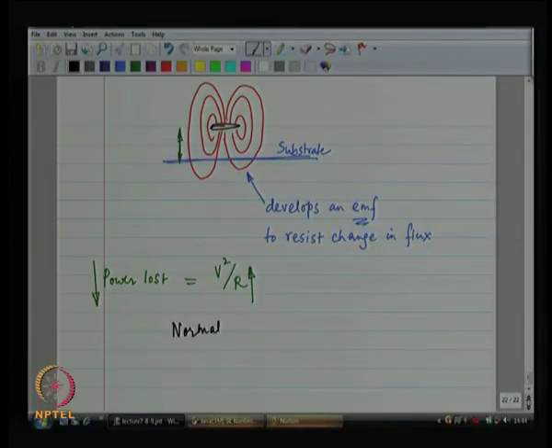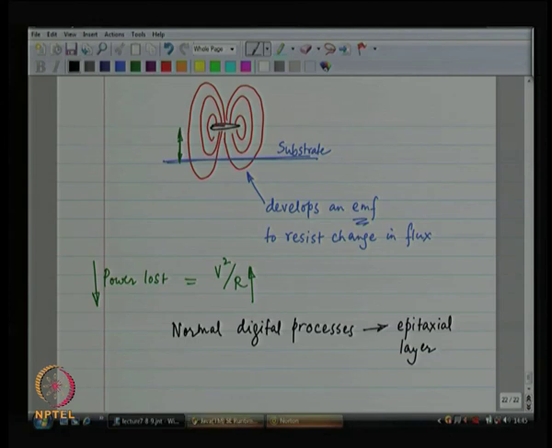So, let me just write it down. So, if you are working on a normal digital process, then it is very likely that they are going to apply an epitaxial layer on the substrate to make it highly conductive, like a metal.